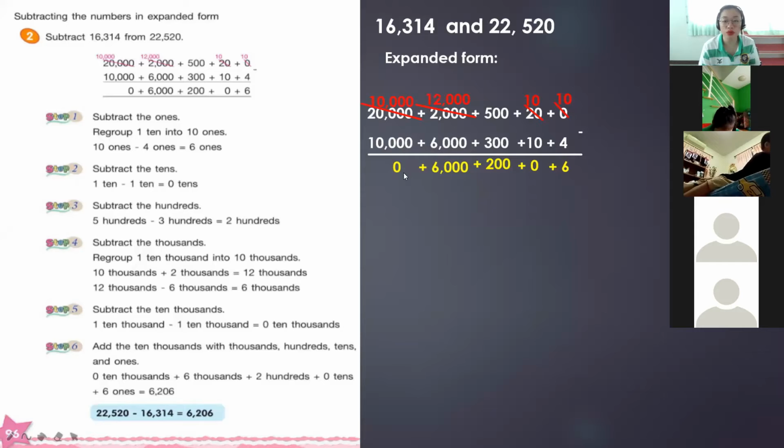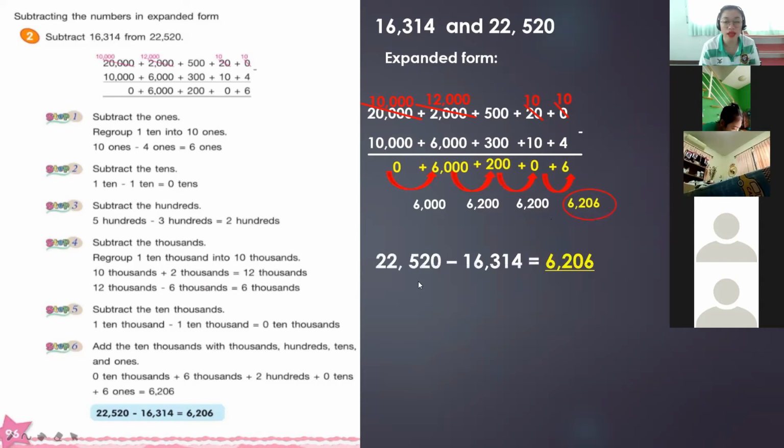So we're going to add the answers together to get the difference of these numbers. 0 plus 6,000 is equal to 6,000, and 6,000 plus 200 is equal to 6,200. 6,200 plus 0 is equal to 6,200.